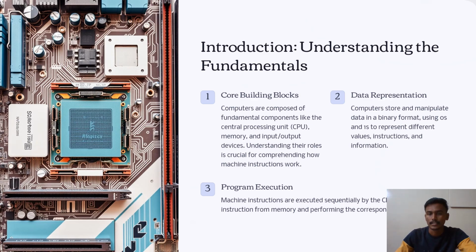Data representation. Computers store and manipulate data in a binary format using 0s and 1s to represent different values, instructions, and information. Program execution. Machine instructions are executed sequentially by the CPU, fetching instructions from memory and performing corresponding tasks.